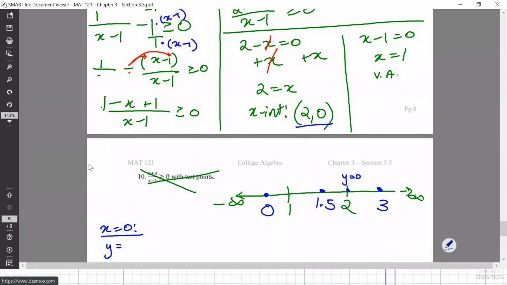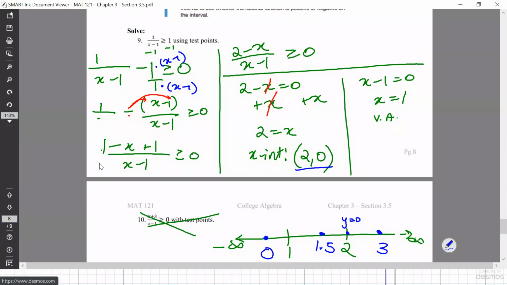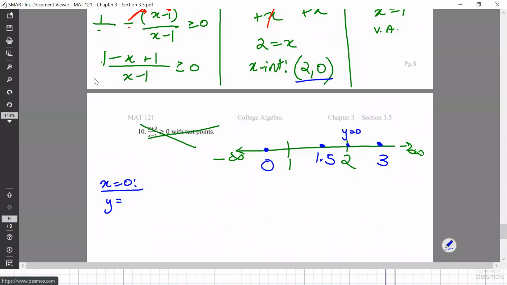Your y value will be, and remember you're using 2 minus x divided by x minus 1 as your function now. What does this end up giving us? You will get 2 divided by -1, which is -2. This was for 0, so y is negative on that left-hand side.